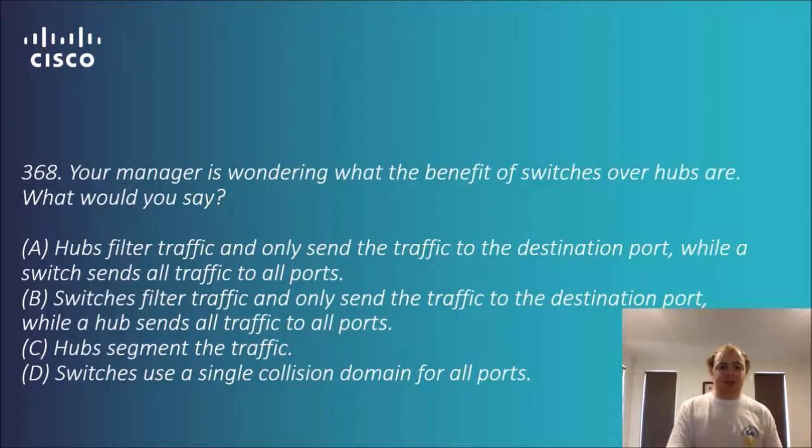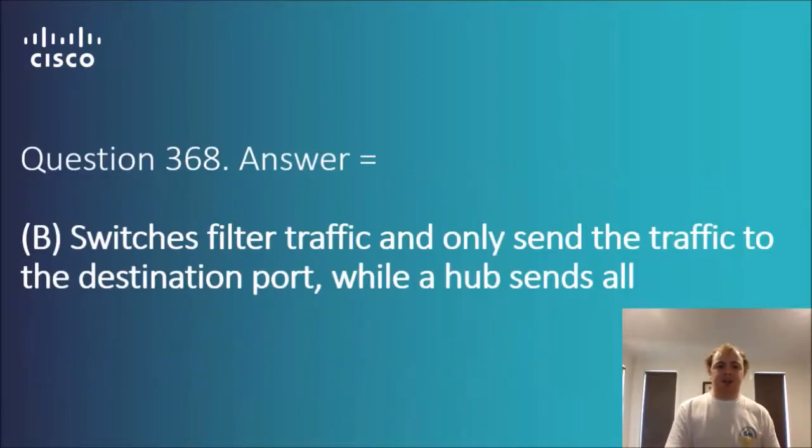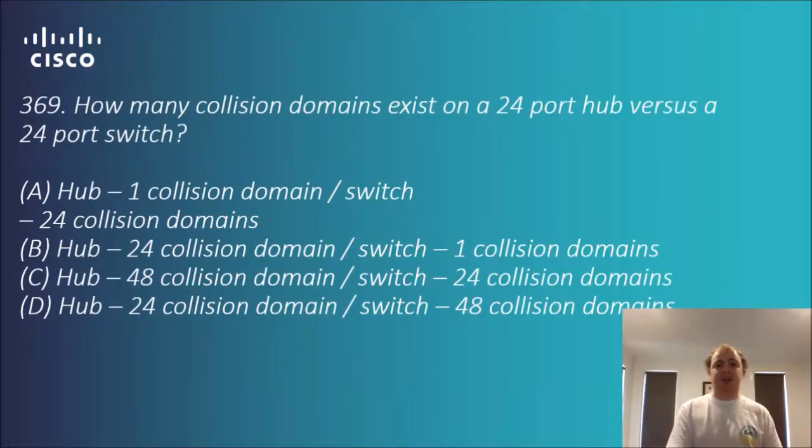Hubs segment the traffic, switches use a single collision domain for all ports. We know the bottom isn't true. We know C is not true, so we've got one or the other. The answer is B. Switches filter traffic and only send the traffic to the destination port, while a hub sends all. That basically sums it all up. Hubs go to everyone, they're dumb. Switches are a little bit smarter.